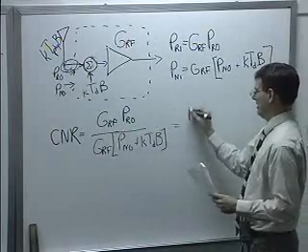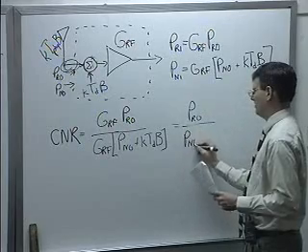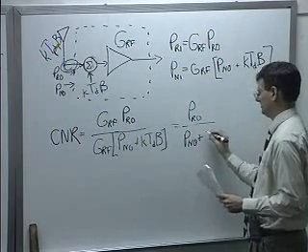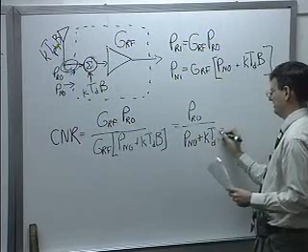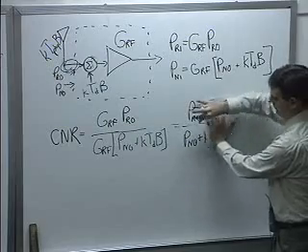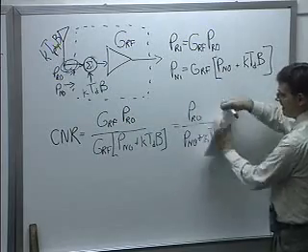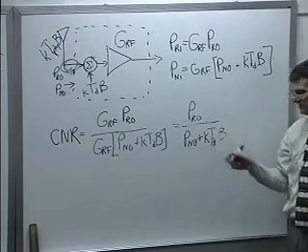The G RFs cancel, and you get basically P R naught over P N naught times Boltzmann's constant, device noise, bandwidth. This was our carrier to noise ratio before it hit the amp. This is what it is after it hit the amp. Clearly it's going to be lower because this is always a positive number.